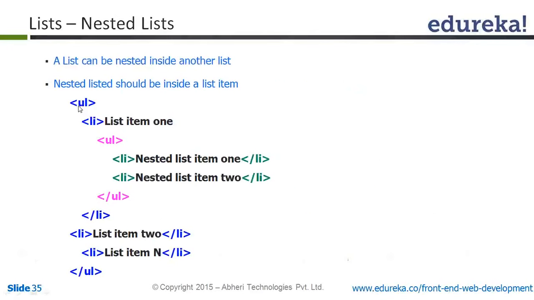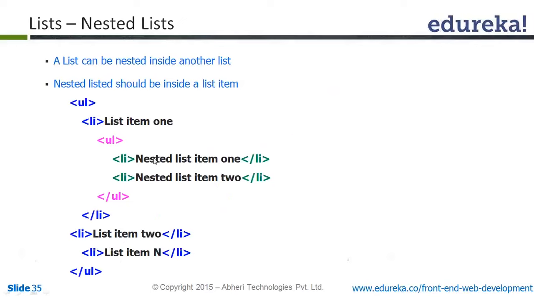And as you can see here, this is an unordered list, shown in pink color. That unordered list is nested inside the outer unordered list. Like this, you can even nest ordered or unordered lists as well. You might be wondering what the use of this is.